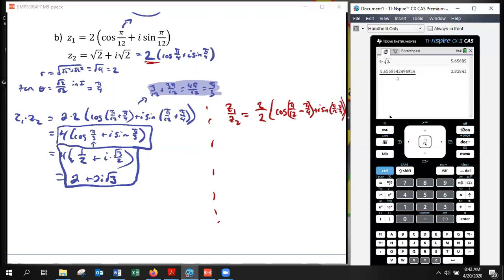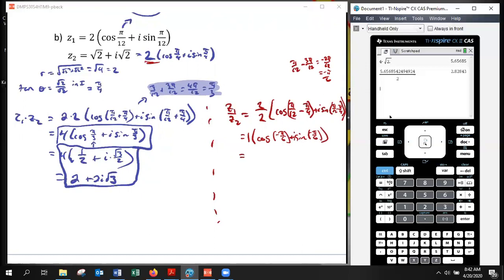Didn't leave myself enough room there. So 2 divided by 2 is 1. So 1 times pi over 12 minus pi over 4. So that would be pi over 12 minus 3 pi over 12, which is negative 2 pi over 12, or negative pi over 6. So that would be cosine of negative pi over 6 plus i sine negative pi over 6.